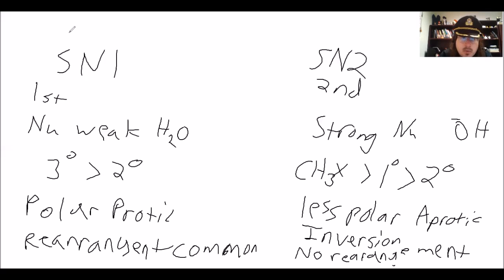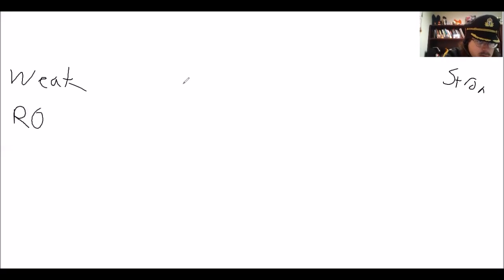Now real quick, what are some examples of strong nucleophiles versus weak nucleophiles? So let's start with the weakest. Put weak all the way over here, strong way over here. So strong involves, say, as I said, they're polar, but not necessarily charged.